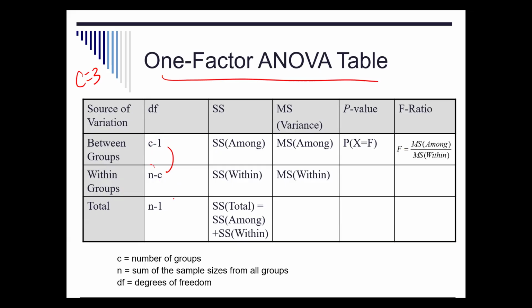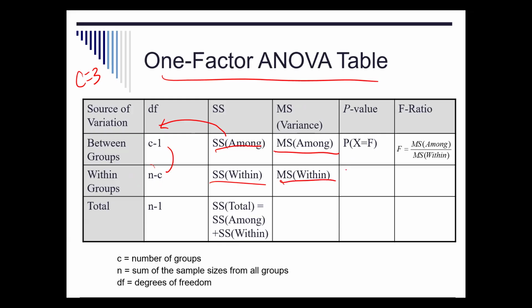We're going to calculate the sum of squares among and the sum of squares within. Then you divide the sum of squares among by its degree of freedom, and you get the mean square among, meaning the mean square among different groups. And the sum of squares within over its degree of freedom gives the mean square within.